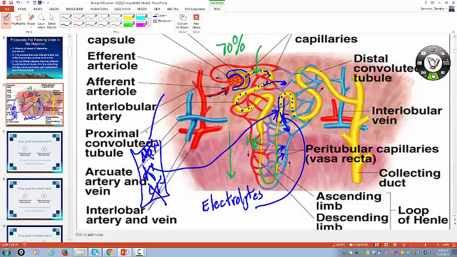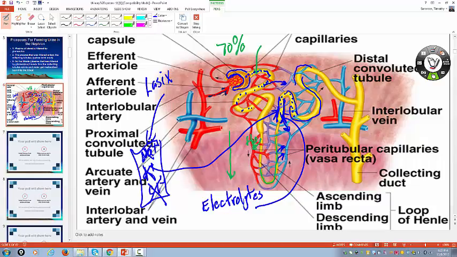So Lasix functions on the thickened portion of the ascending limb of the loop of Henle. That's how it works.